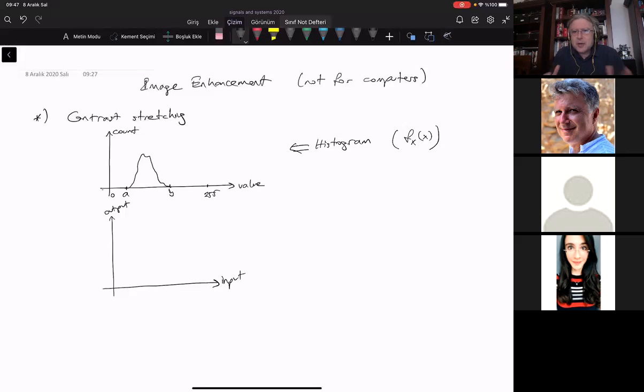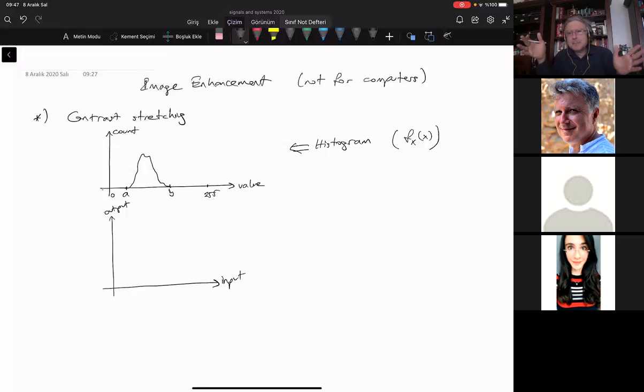How many values do you have, for example, for this image? You have b minus a different pixel values. From this histogram, I can see that in the image there are b minus a different types of pixel intensities. The output variation will be the same. There will always be b minus a pixel values.